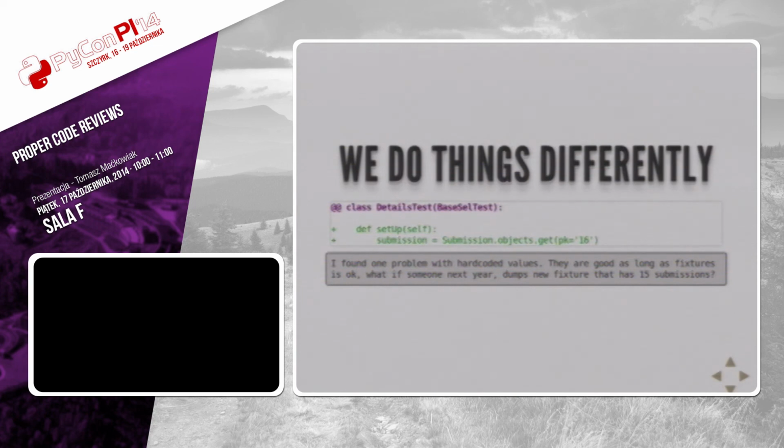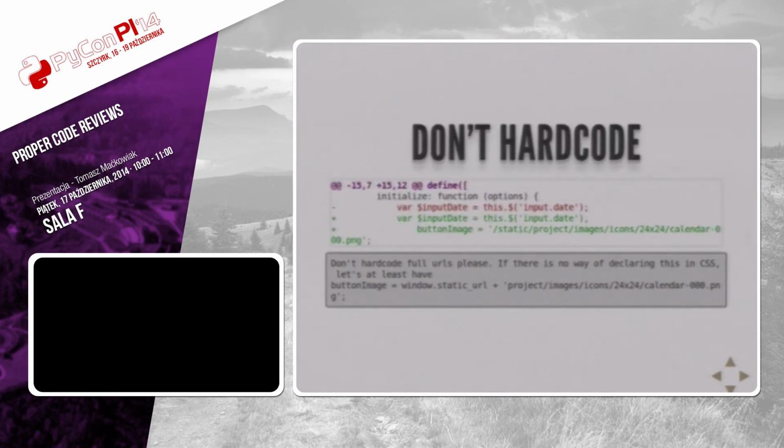So instead of looking for a submission with primary key like that, you should rather try to look for a submission with specific title or meeting some other specific criteria. It's something that we had on our project. I don't think it was good, but that was the standard, so people who are on the project longer can point out this to you.